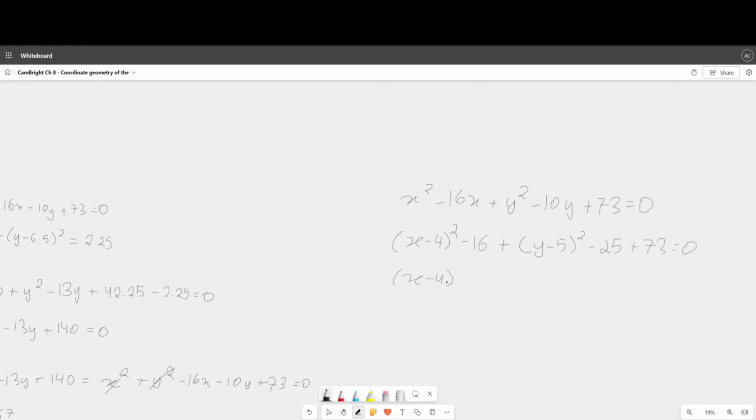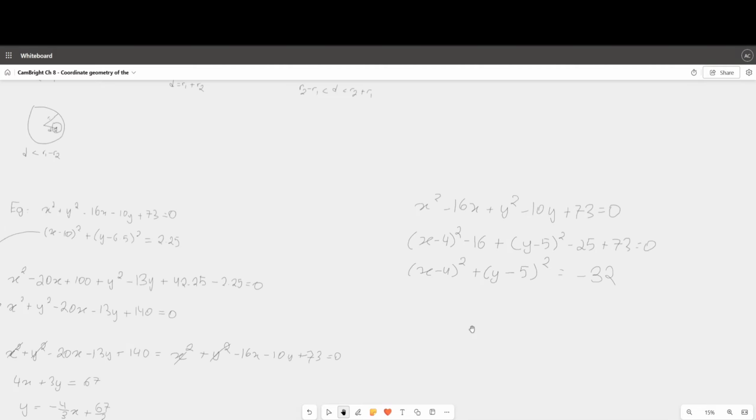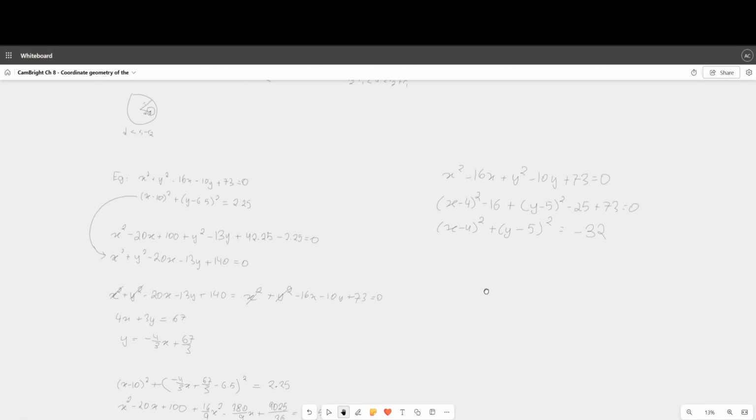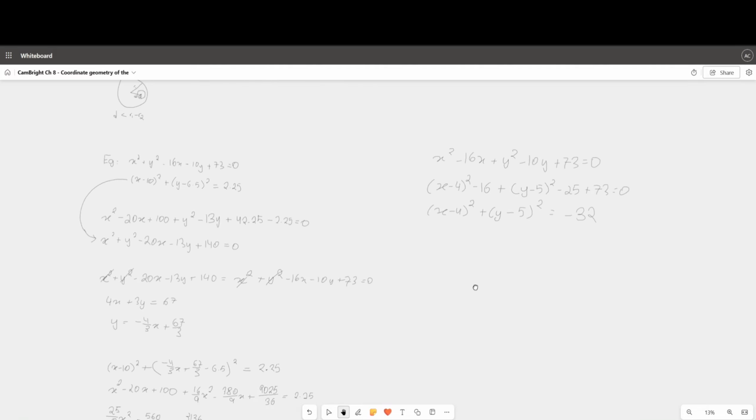So (x minus 4) whole squared plus (y minus 5) whole squared is equal to negative 73 plus 25 plus 16, which is, what? Negative 32. Okay, that should not be possible.